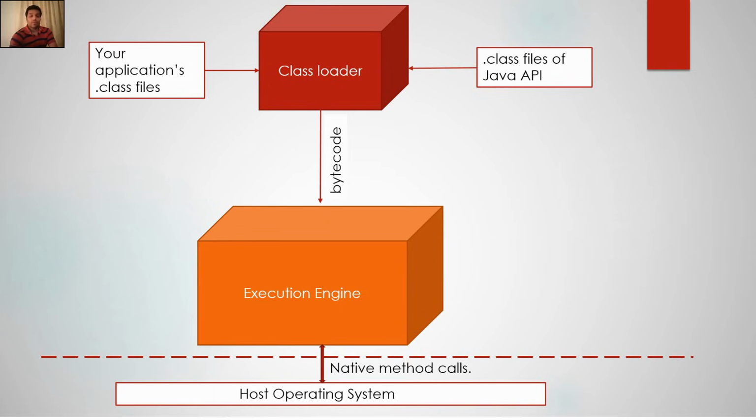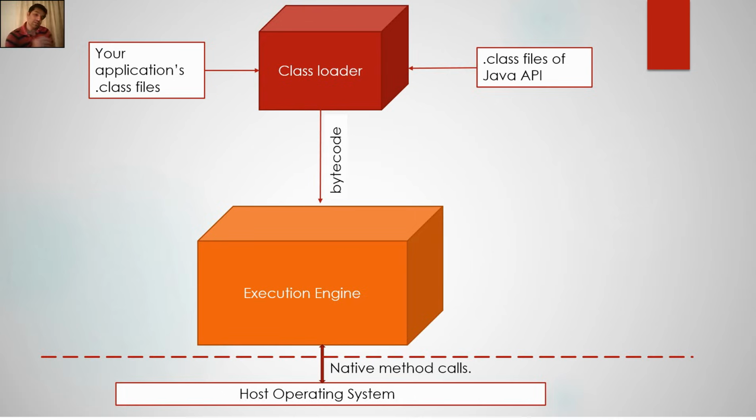Here you can see that there is a loading component and an execution component. As per the spec, this is called the class loader and this is called the execution engine. The class loader is responsible for loading your application's .class files.